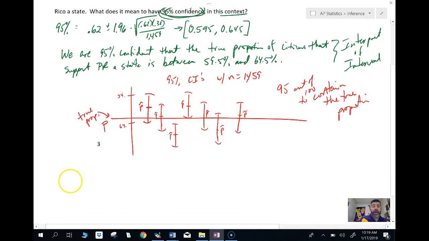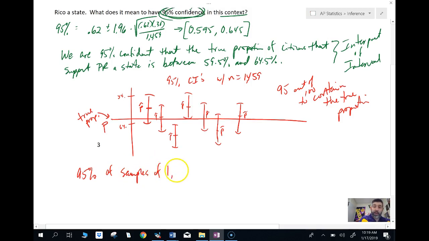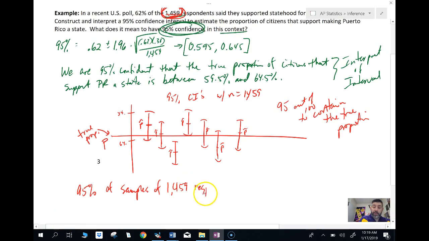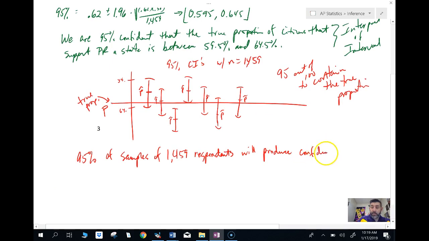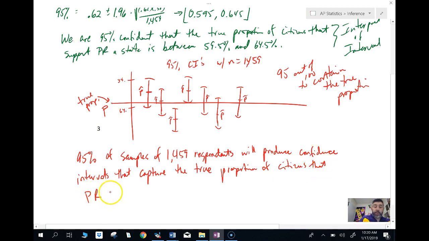So how would I write this in context? I would say 95% of samples of 1,459 respondents will produce confidence intervals that capture the true proportion of citizens that believe Puerto Rico should be a state.